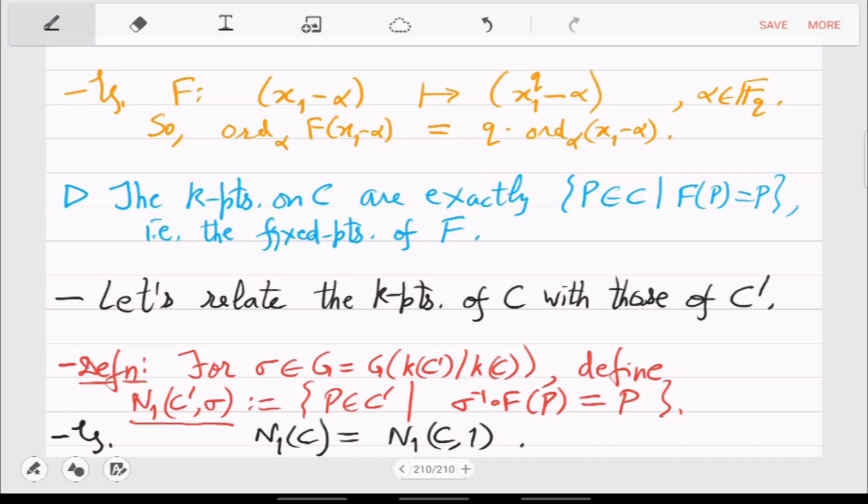So actually on, let's say, x1, x2, it's only the variables which are raised to q. So let me record.